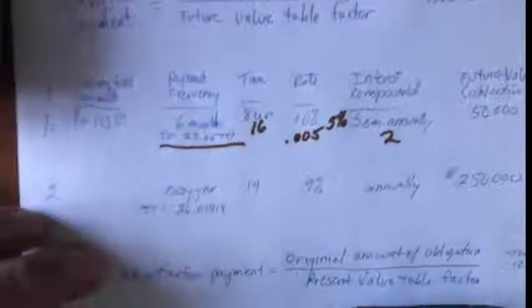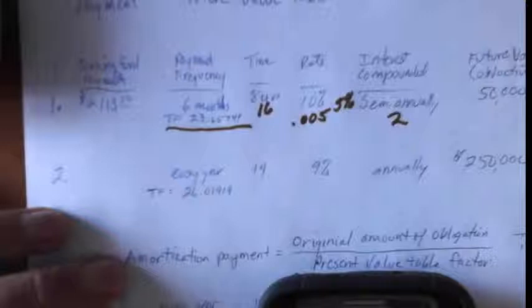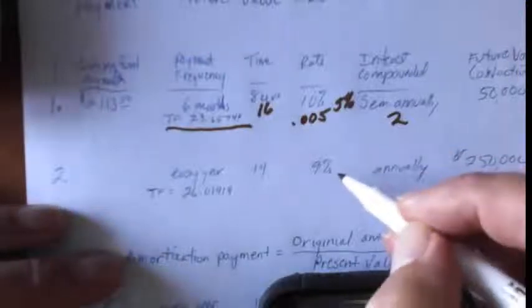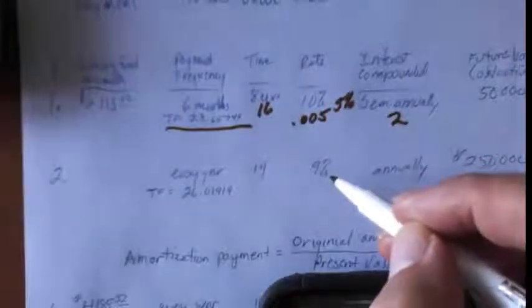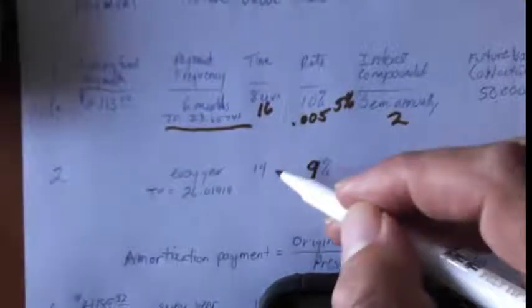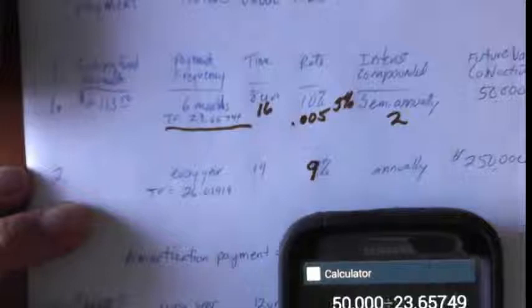So let's look at number 2. Future value, they want $0.25 annually at 9%. So that's nice. You don't have to do any work there. The rate is 9%, and the time is 14 years. So 14 at 9, we get a table factor of 26.01919.